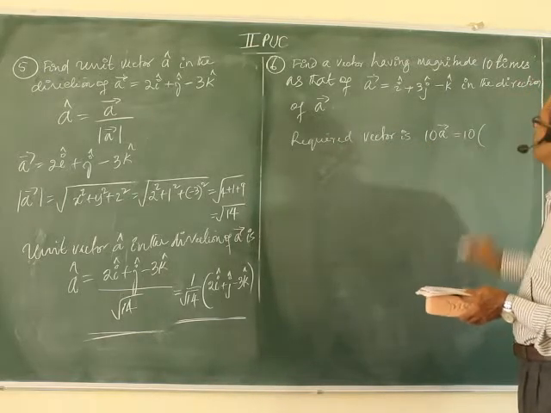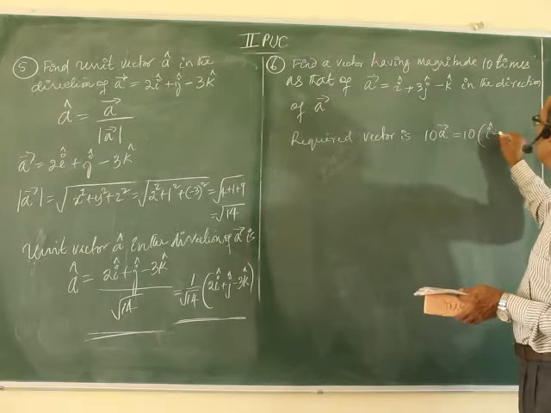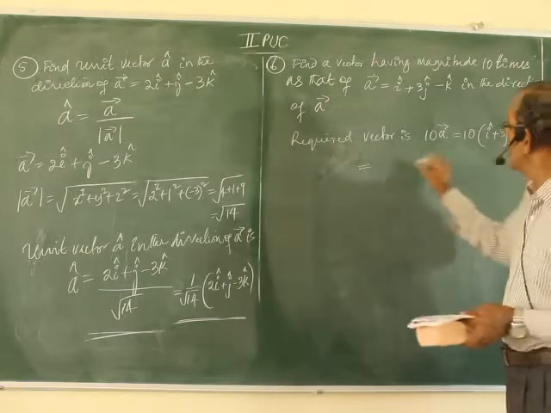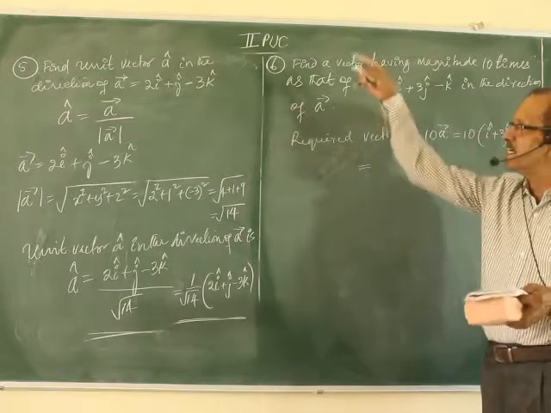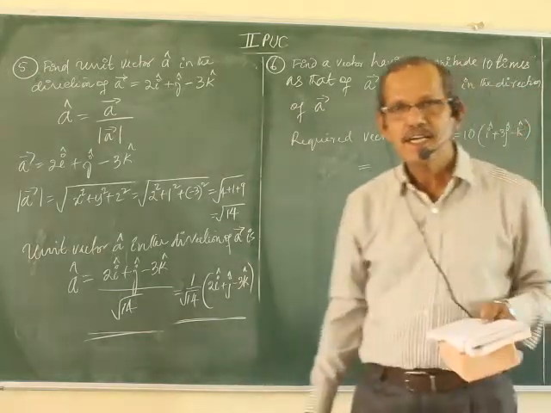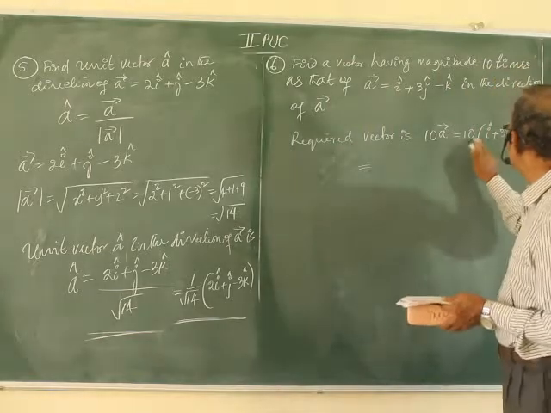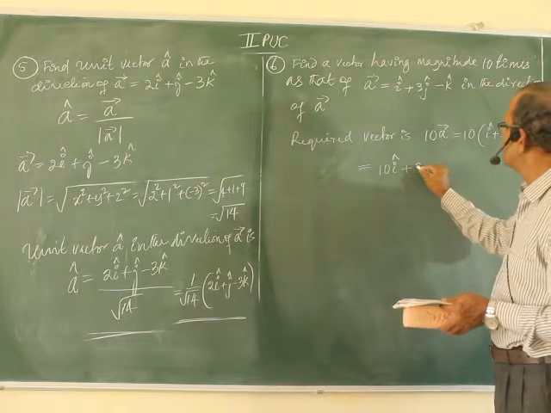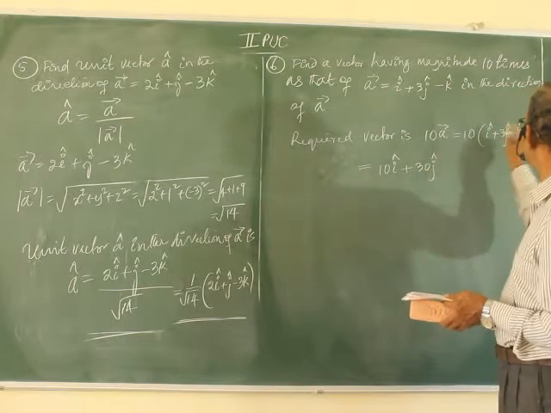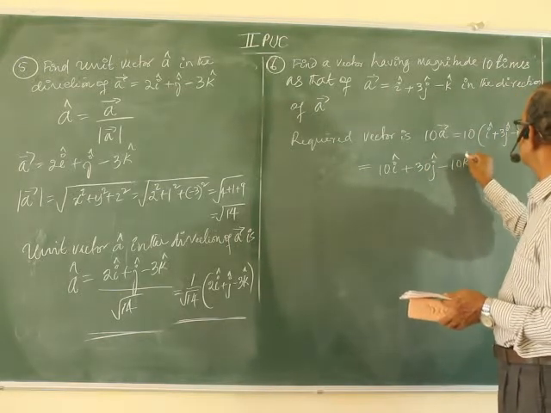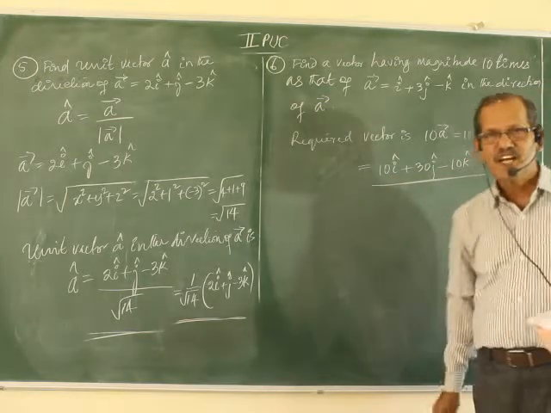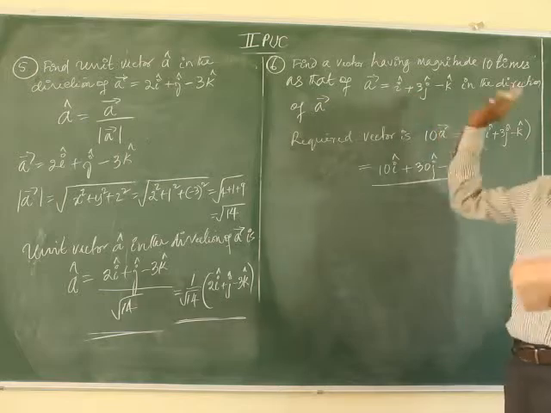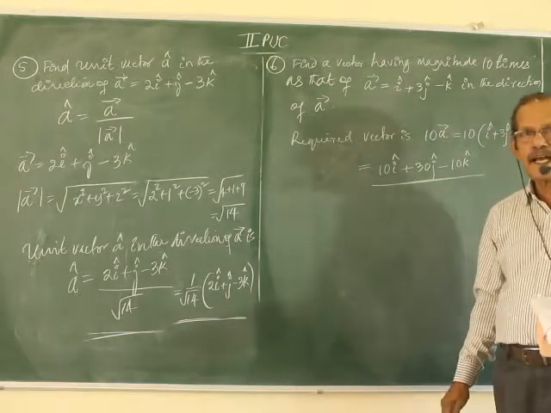It is 10 into A, which is i plus 3j minus k. Our final answer, how to multiply this, that is there in the property list. You have seen the property, 10 into 1, 10i, 10 into 3, 30j, multiply each and every coefficient. This is the required answer. See, the direction angles of this as well as this are the same, which measure the direction, no?